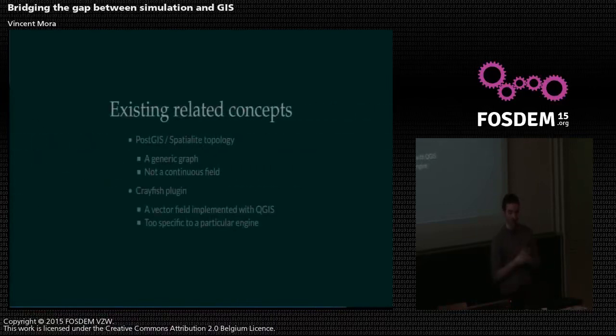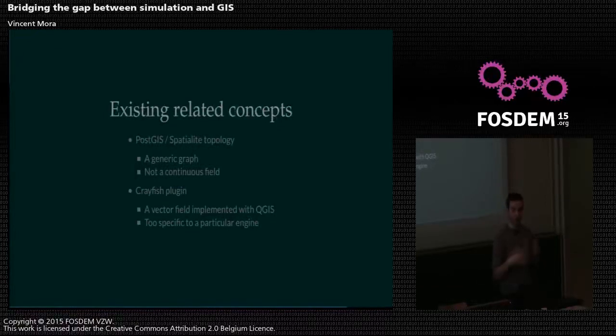And when we look at related concepts that exist, we found two interesting things. The concept of topology that exists in PostGIS and Spatialite are something very close, but they are probably too generic for us because they are generic graphs, and we want to model continuous fields.